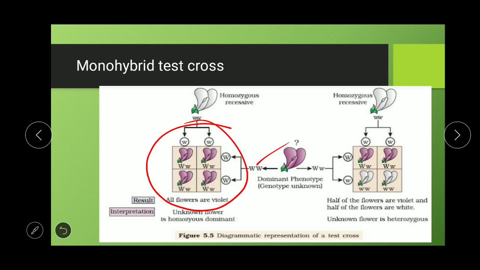If you are getting half of them the dominant phenotype and another half the recessive phenotype, you will infer that the plant has the heterozygous genotype. In this case the flower color is taken as the trait or character.